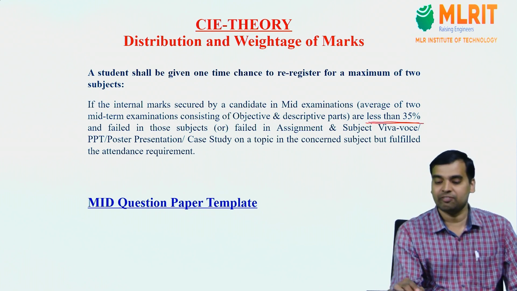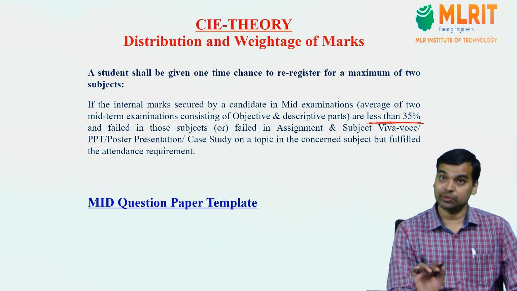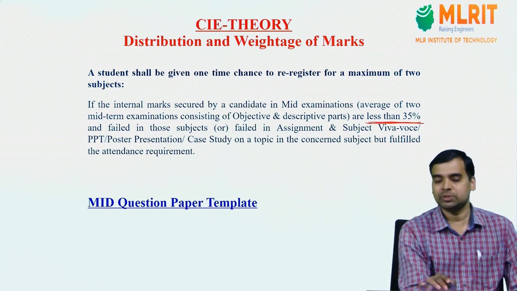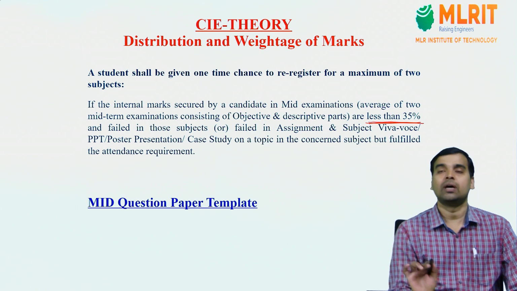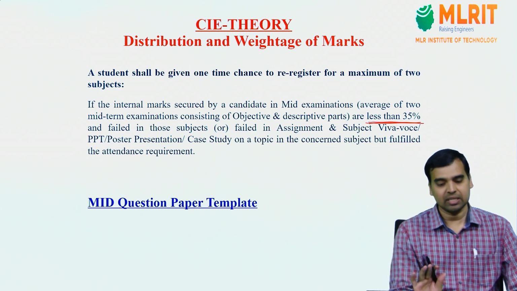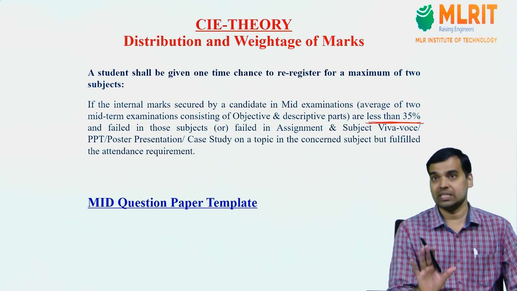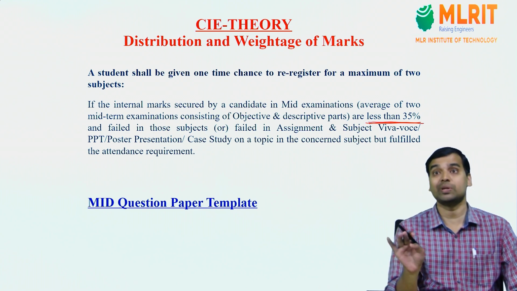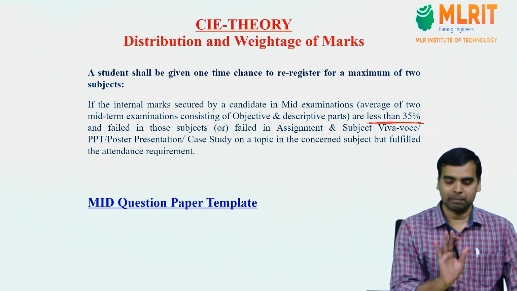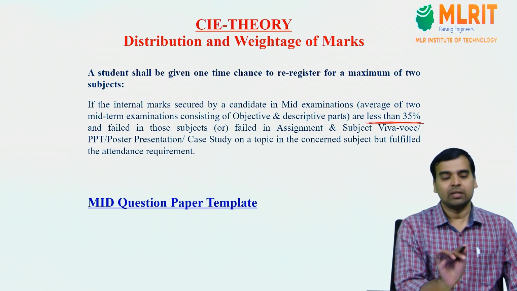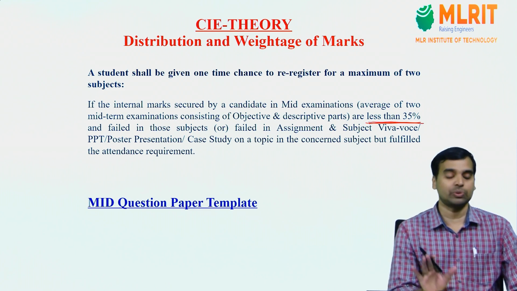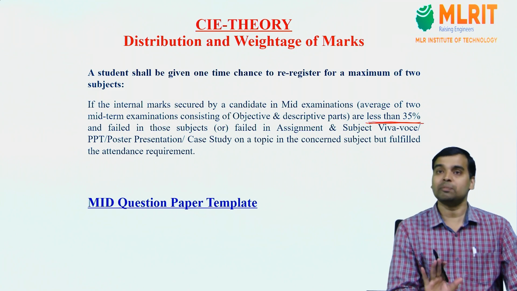If a student fails in CIE, the student shall be given a one-time chance to re-register for that course. If a student fails in CIE, SEE won't be considered and that entire course will be cancelled. Again, the student has to re-register with the upcoming batch. In such a way, the student has a one-time chance to re-register for that particular course for mid-exams.